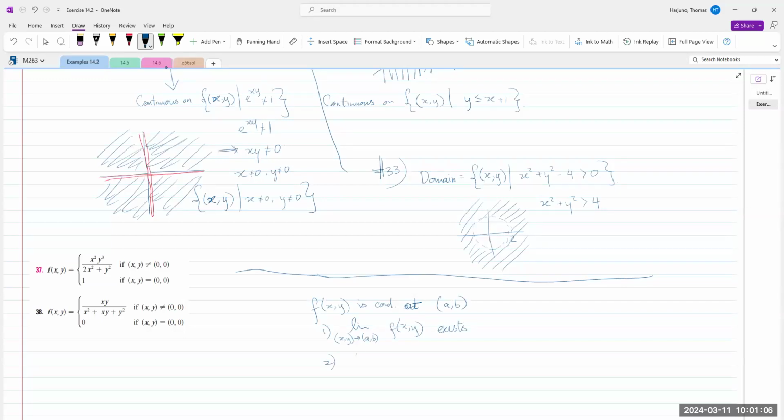Second, (a,b) is in the domain. And because it is in the domain, then f(a,b) is well defined and equals the limit.